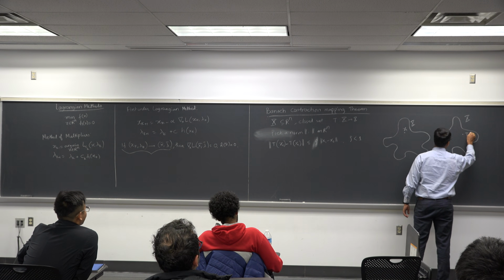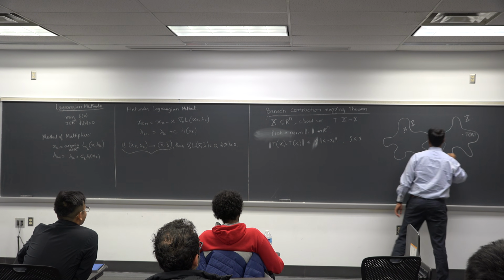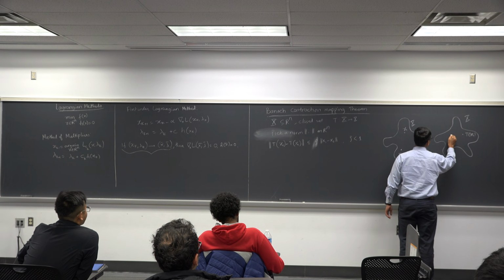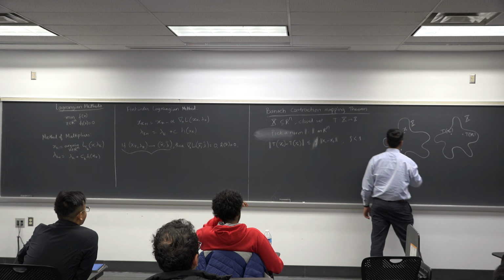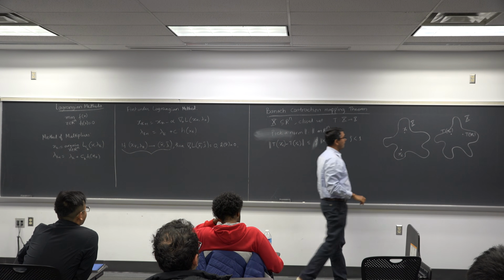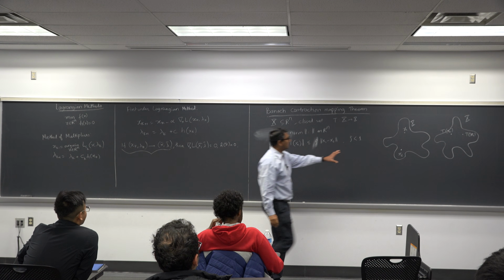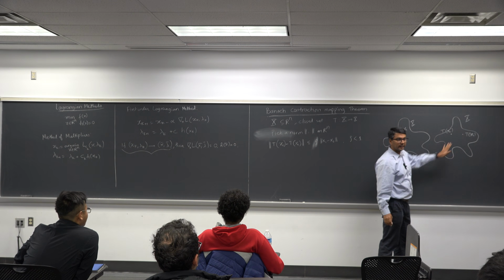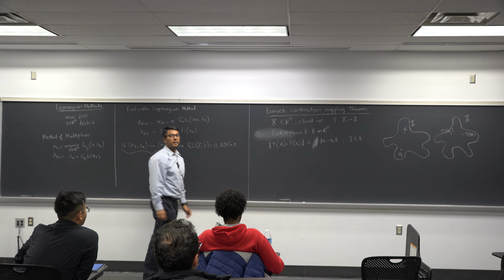This is my T of x1. I pick another point x2. This is my point T of x2. So every point within this set is mapped to a point within the set itself. It's not getting mapped to a point outside the set.